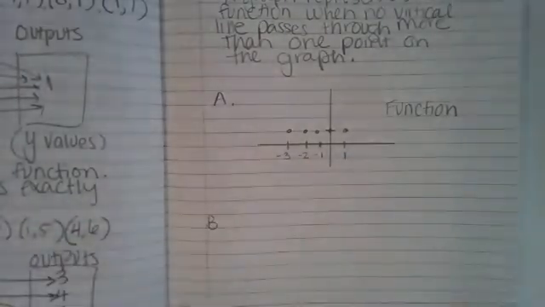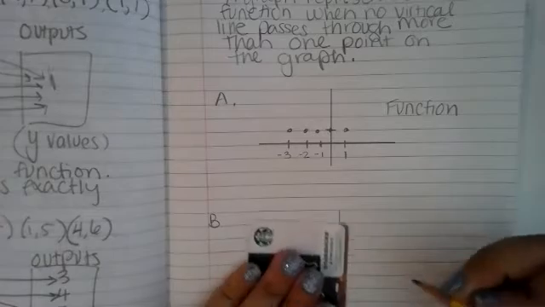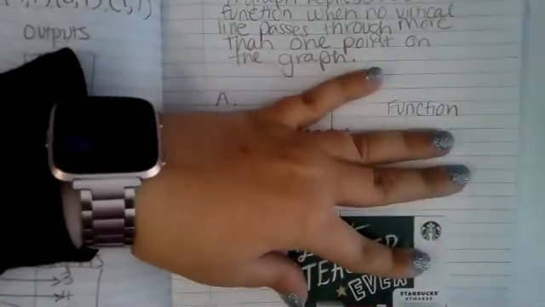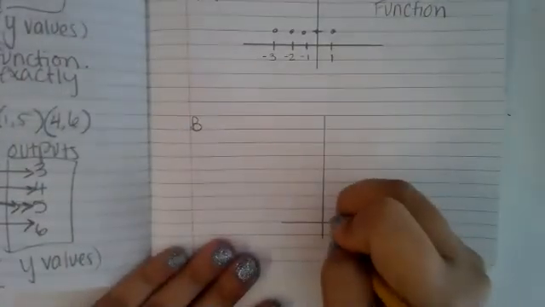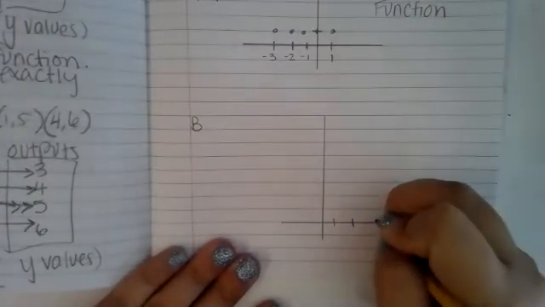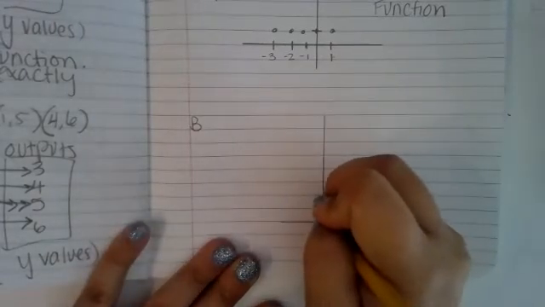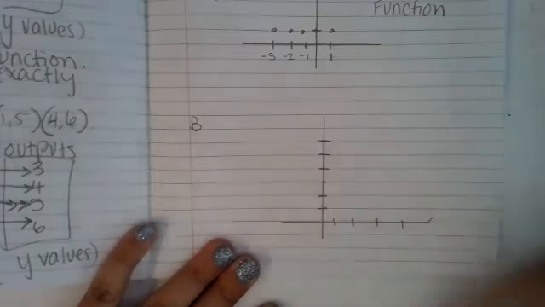Then when we look at B, okay, oops, sorry, got to move that up for you. B, I have 1, 2, 3, 4. I have 1, 2, 3, 4, 5, 6.